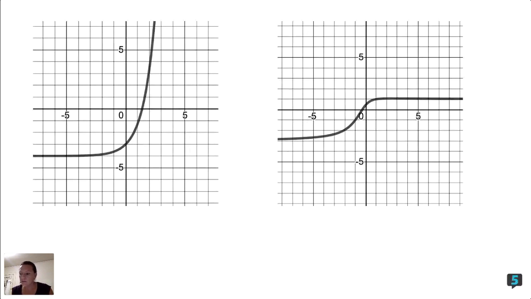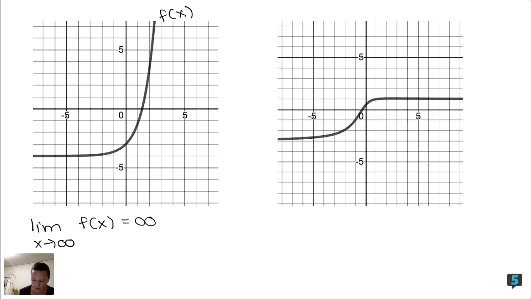If I check out the graph on the left-hand side, let's call this graph f of x. The limit as x approaches infinity of f of x: as my x values get larger and larger, my function also gets larger and larger. It approaches infinity.